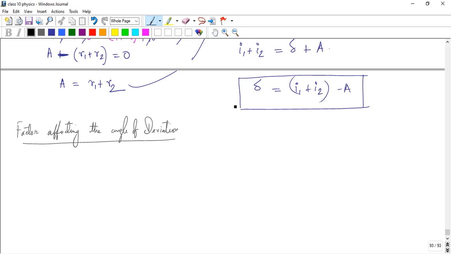See that equation, very easy. The first factor is the angle I, the incident angle. So first is the incidence angle.